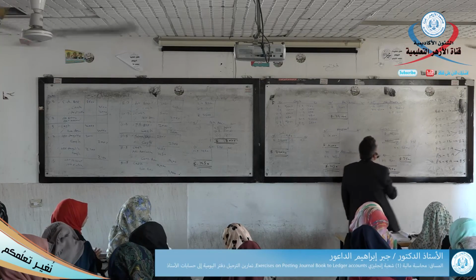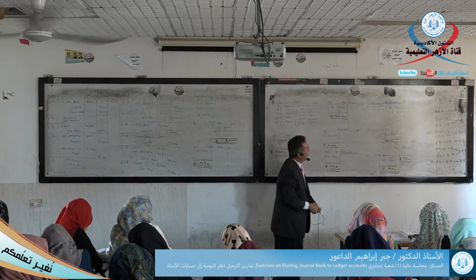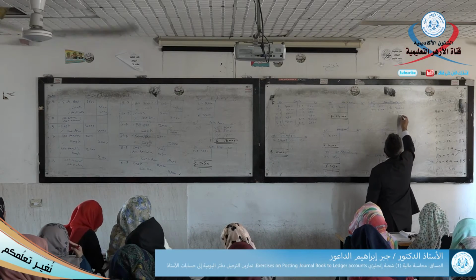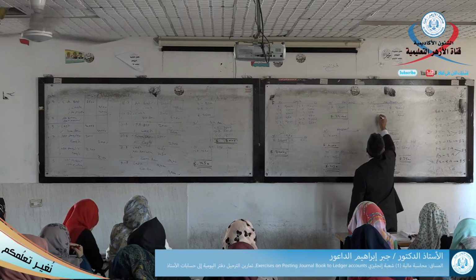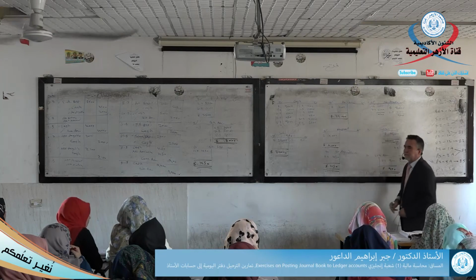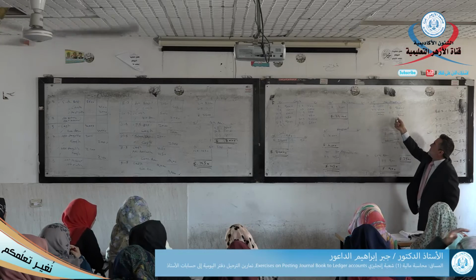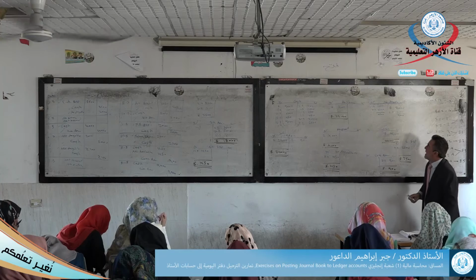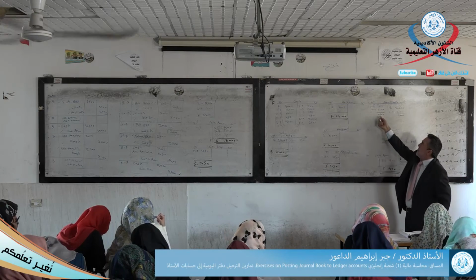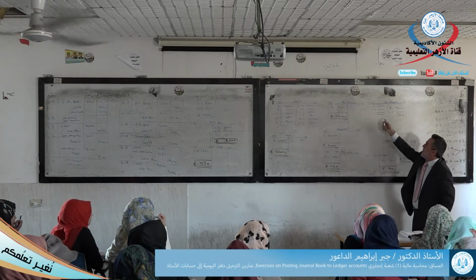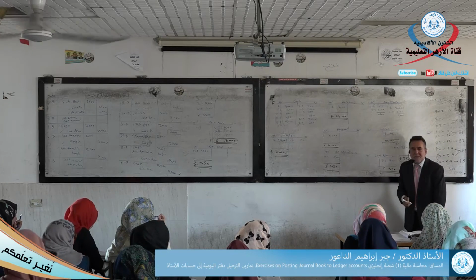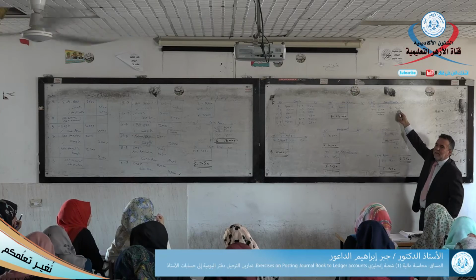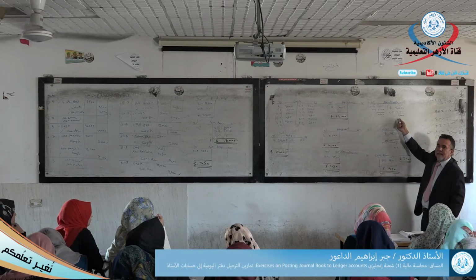So, accounts payable. Debit side in accounts payable, total will be 2,000 plus 2,100, 4,100, whereas credit side, 7,000 plus 2,000 equal 9,000.